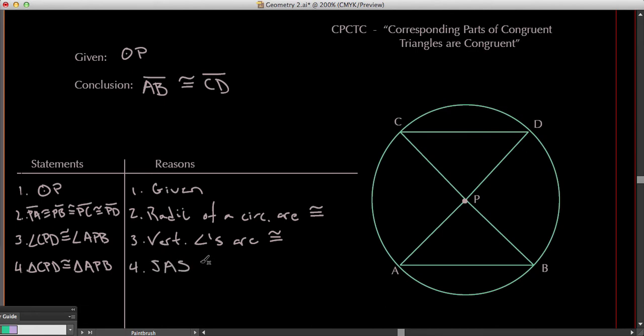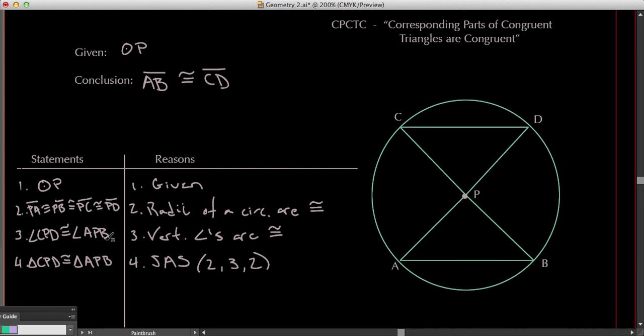Now when we put side-angle-side, or any of these postulates, in the reasons area, we want to indicate which other statements we used that involve the sides and the angle. The first side was listed in statement 2, the angle was listed in statement 3, and the last side was also listed in statement 2. So we're just going to put side-angle-side, 2, 3, 2.